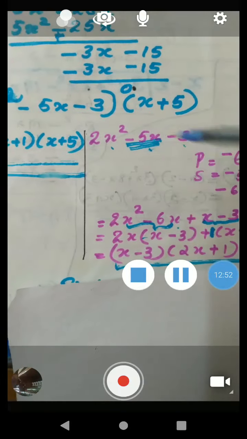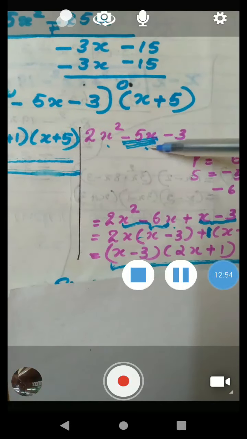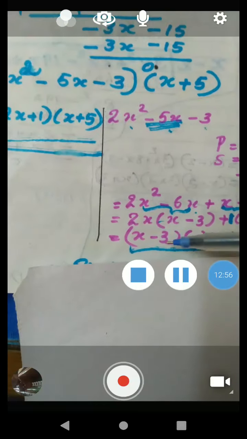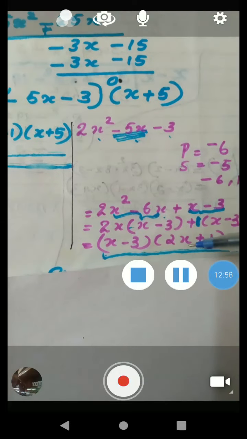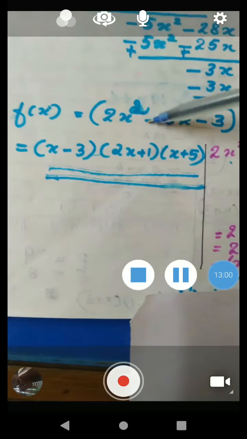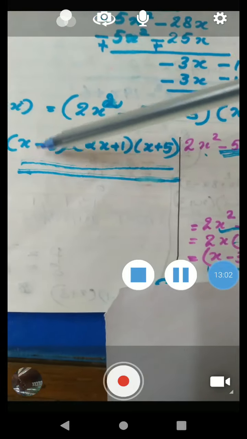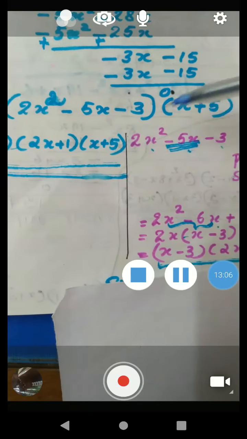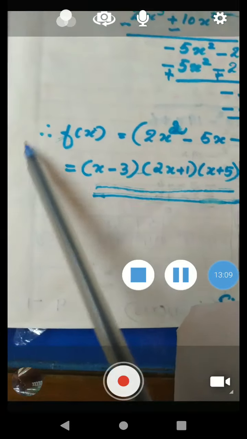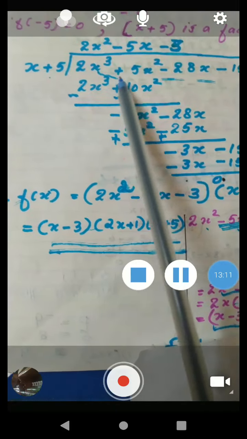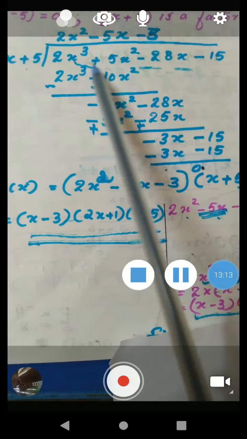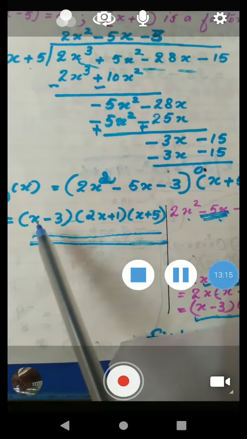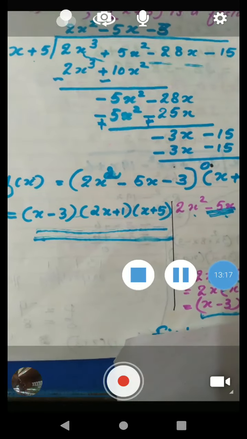So, instead of 2x square minus 5x minus 3, we can substitute x minus 3 into 2x plus 1. In this place, x minus 3 into 2x plus 1 and one more factor, that is x plus 5. So now fx is completely factorized.